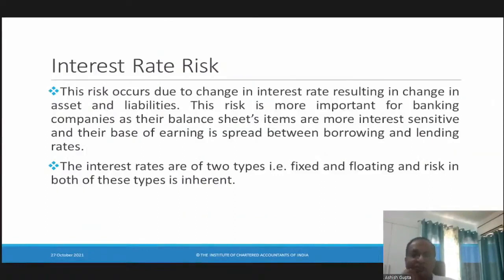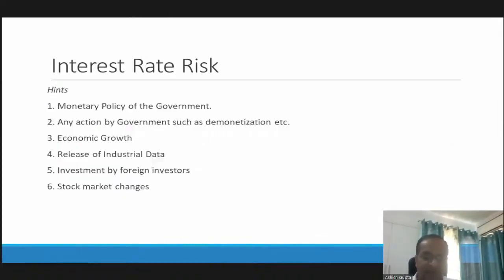This is more important for banking companies as their balance sheet items are more interest sensitive. Their base of earning is the spread between borrowing and lending rates. There are two types of risk, fixed and floating, and risk in both of these types is inherent.